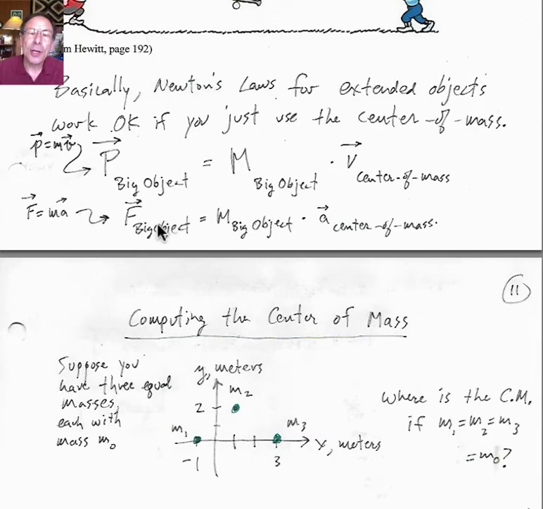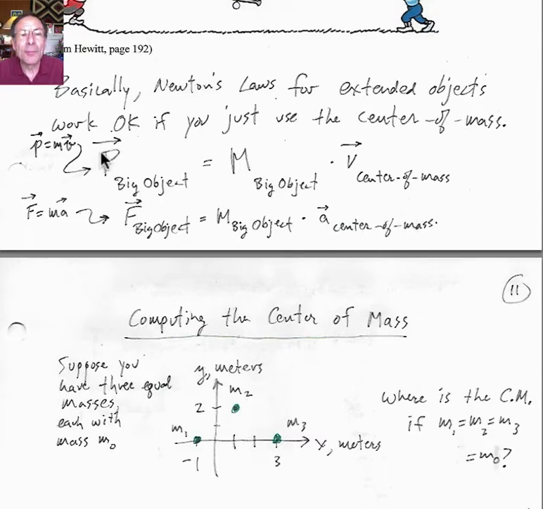But if you're now talking about some big extended object, it could be a satellite, NASA is interested in things like that, the motion of the complicated object is going to follow Newton's second law in this form. The overall force applied to the object is going to equal the mass of the object times the acceleration of its center of mass.